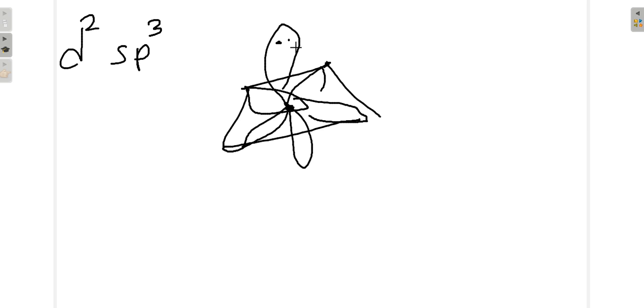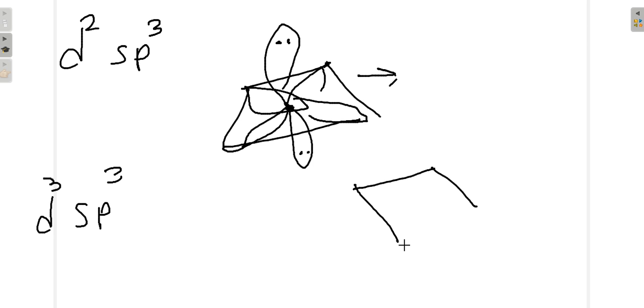And please note that the lone pair, if at all is there, will always go to top and bottom. So it is a square bipyramidal, because 1 above, 1 below, also known as octahedral. And sp3d3 is simple. It will be pentagonal, so there will be a pentagon here. 5 orbitals at the 5 corners of the pentagon, 1 above, 1 below. That will be sp3d3.